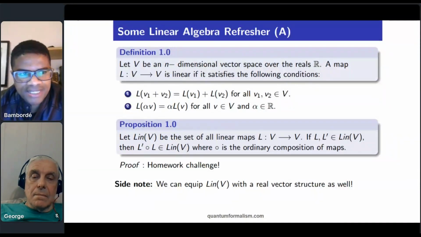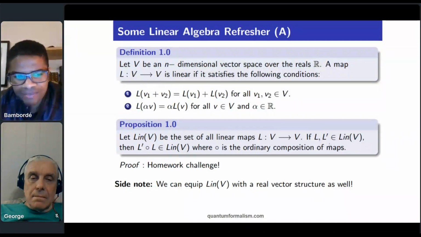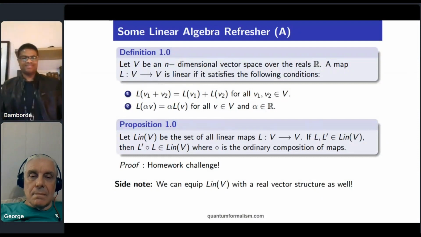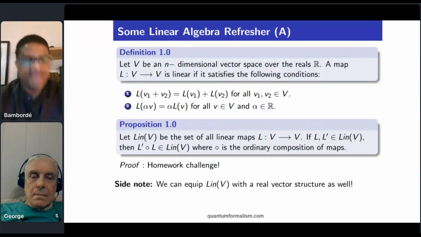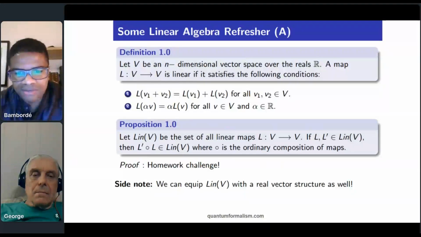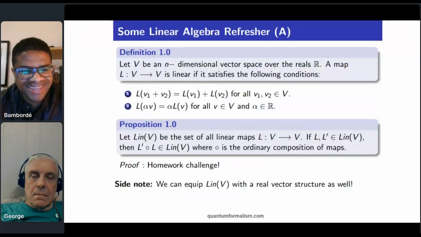The claim is that given two linear maps, L and L prime, their composition is also linear. So the composition of two linear maps is linear. If you want to warm up, you can try to prove it.